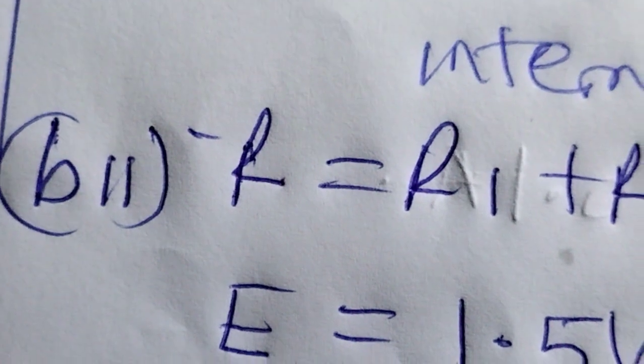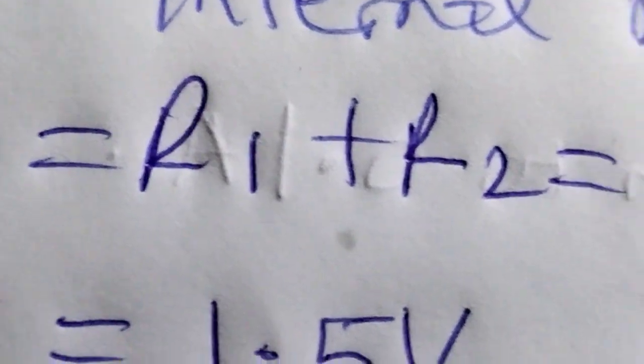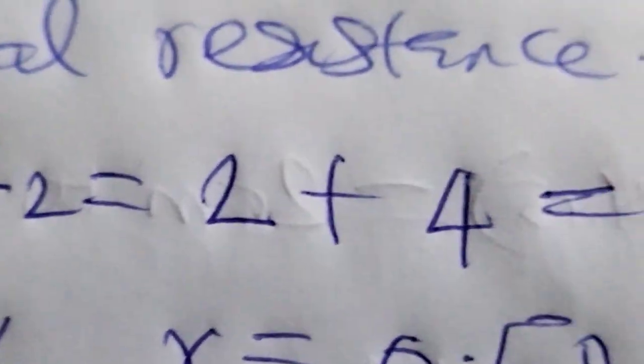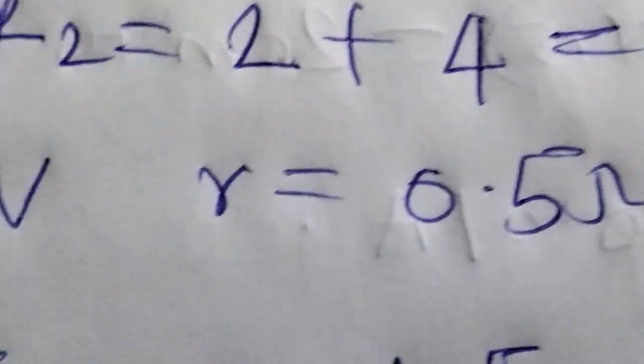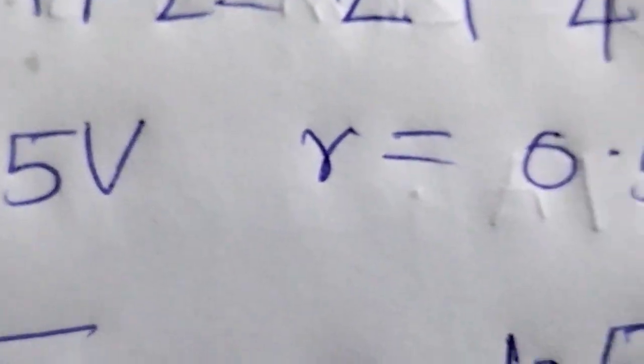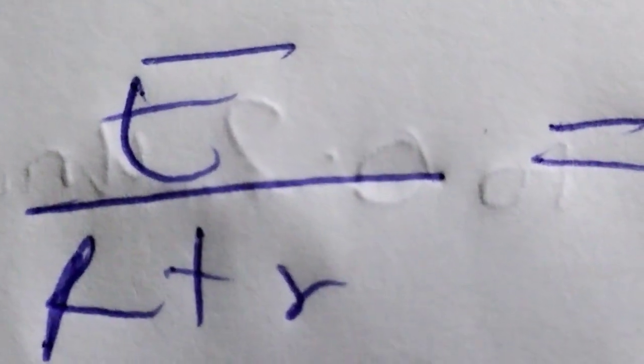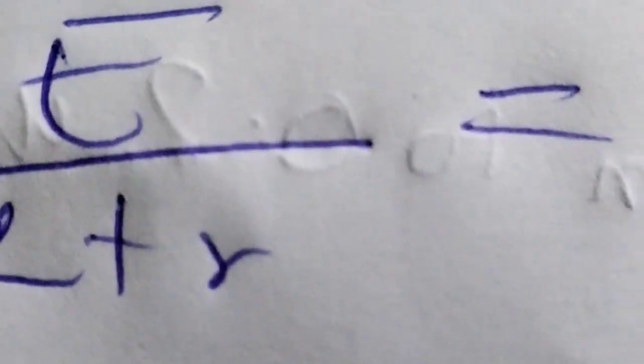Solution: since the resistors are connected in series, we'll find the net resistance, which is R1 plus R2, 2 plus 4, giving us 6 ohms. The EMF of the battery is 1.5 volts. The internal resistance is 0.5 ohms. Use the formula for current flowing through the circuit, which gives I equal to EMF over external resistance plus internal resistance.